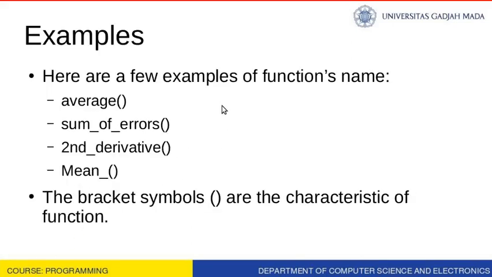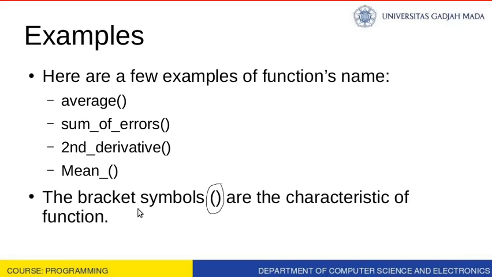And here are examples of function names. Suppose I have average, sum of errors, and second derivative, mean with the capital M, and the bracket symbol here is the characteristic of a function.